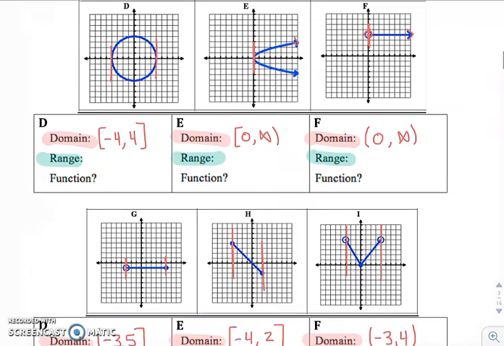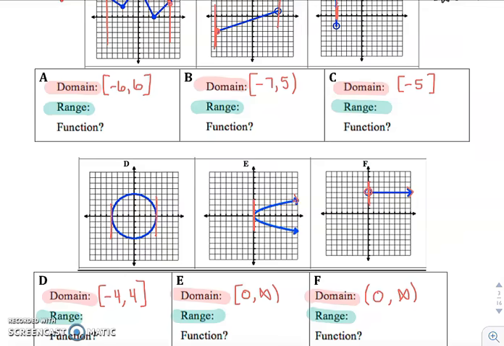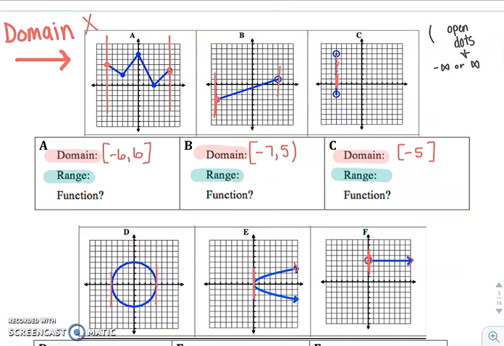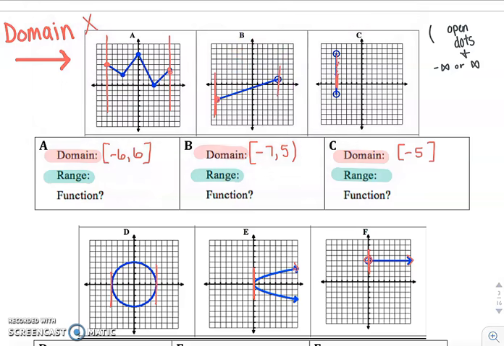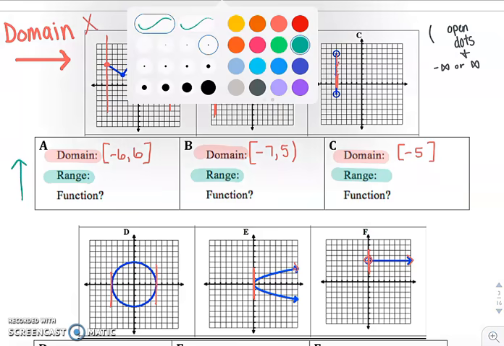So let's go back through now and do the range. So the range is your y value, so it goes from the bottom to the top, essentially, with a graph.